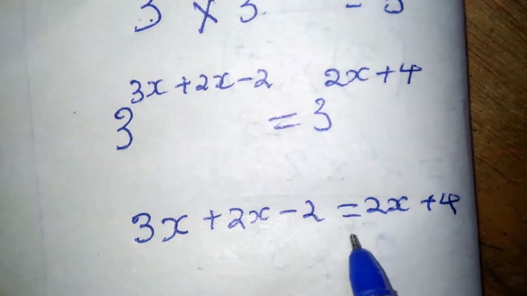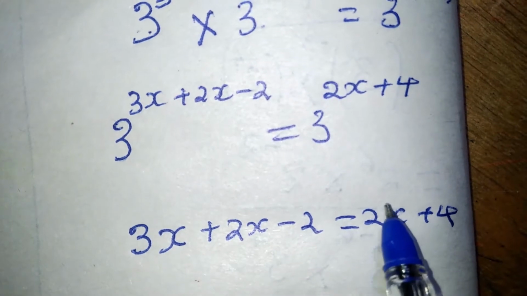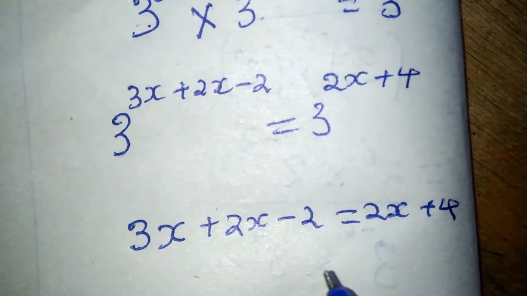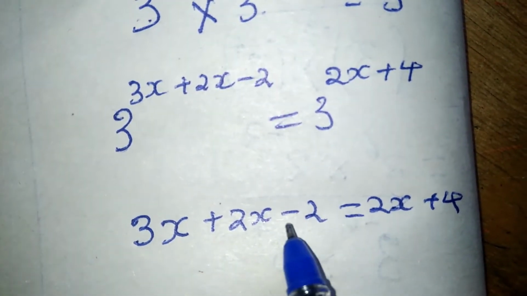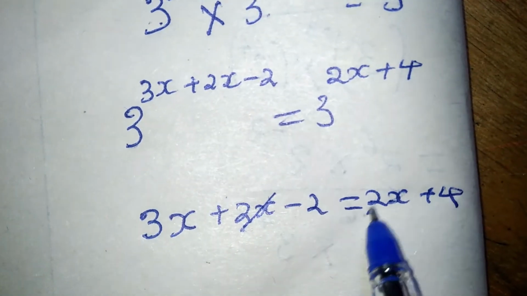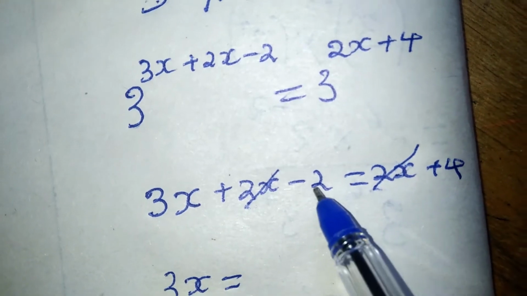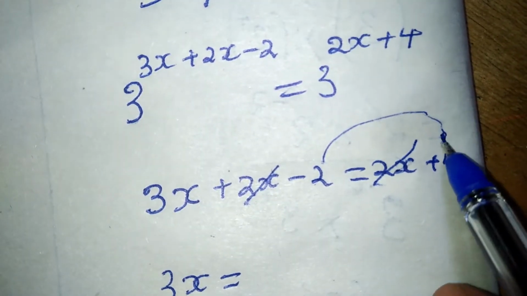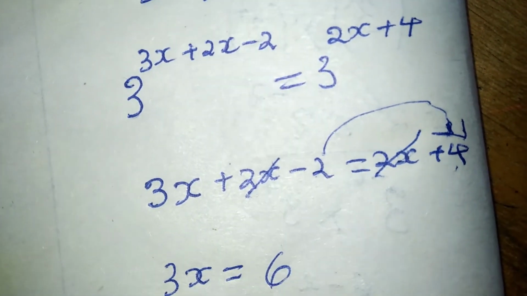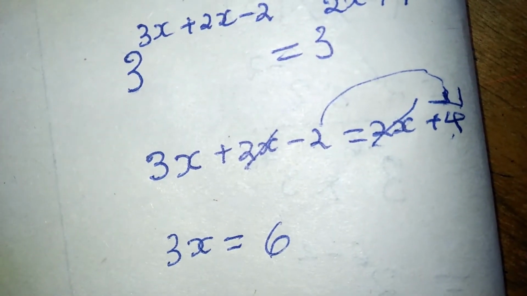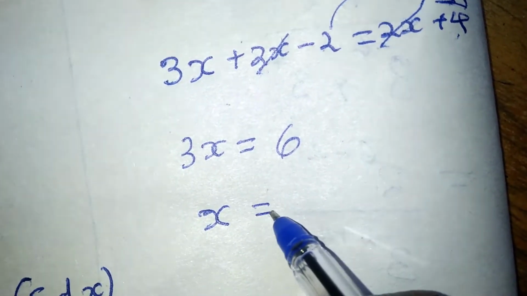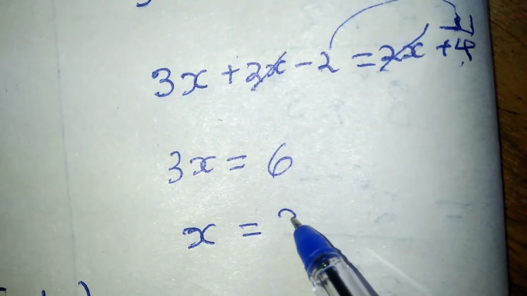Now we collect the like terms here. This will cross the equal sign, and when it comes this side it will be a minus, it will cancel with this, and so we end up with 3x is equal to negative 2 will go this side and we'll add to 4, we get 6. So we have 3x is equal to 6, and therefore x is equal to 2.